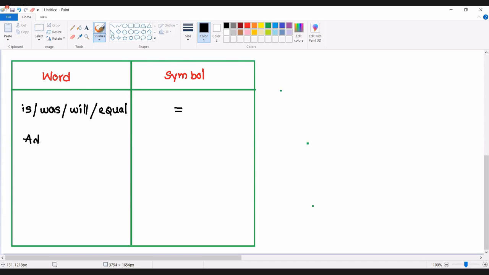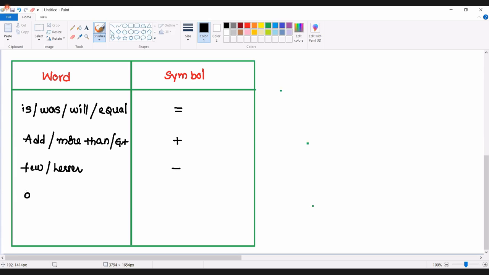If you see any word as add or more than or greater than, all these can be replaced with a symbol called plus. If you find any word as few or less, fewer or lesser, this can be replaced with a symbol called minus.